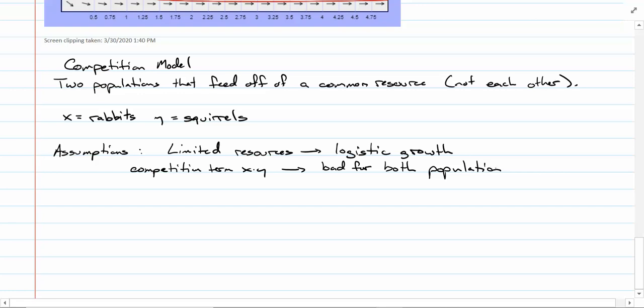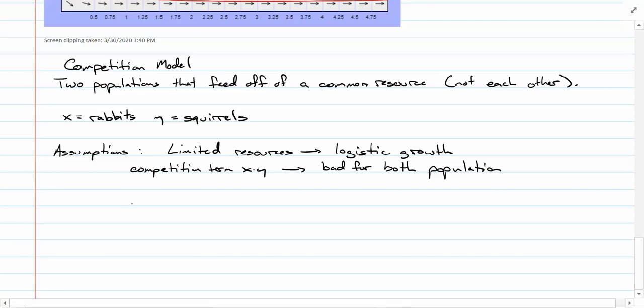The more competition there is, the more rabbits and squirrels are going to have limited resources, so that's not going to be good for their populations.